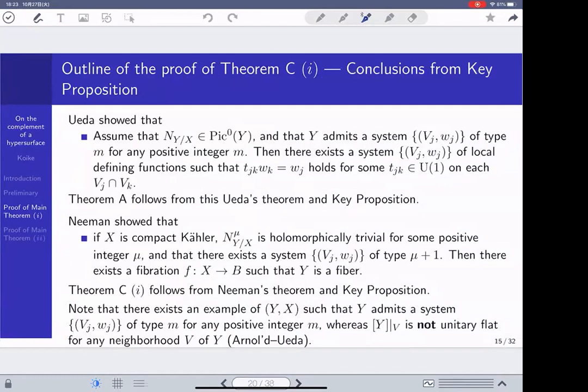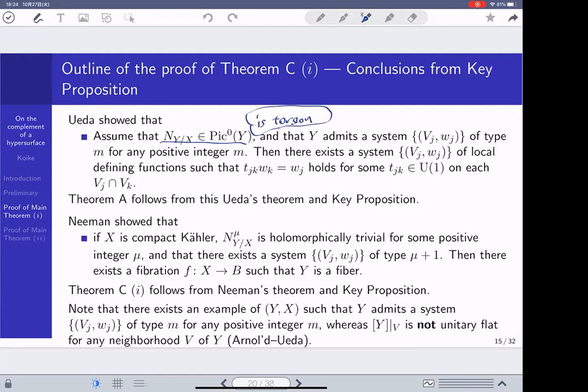Here, I explain why this key proposition is important. First, I recall Ueda's theorem. Ueda showed that, assume that the normal bundle is torsion. Sorry, I forgot to write it: it is torsion. So that is an important assumption.